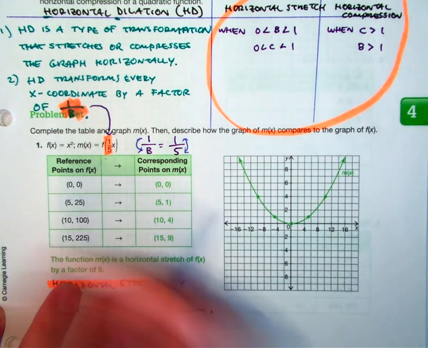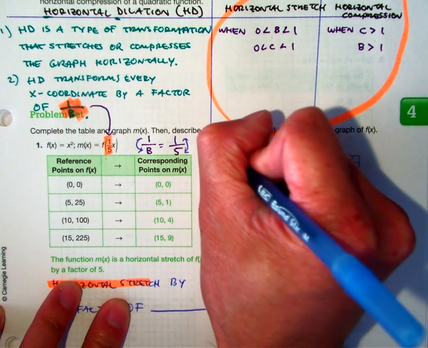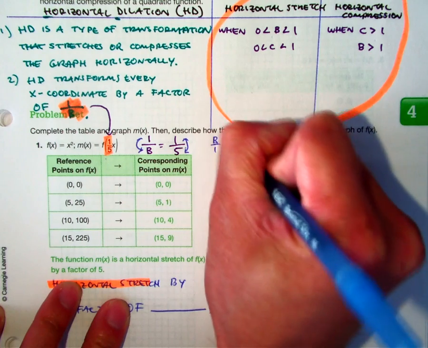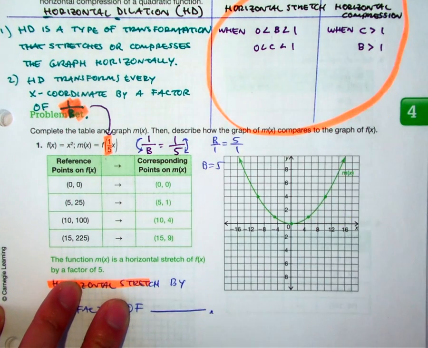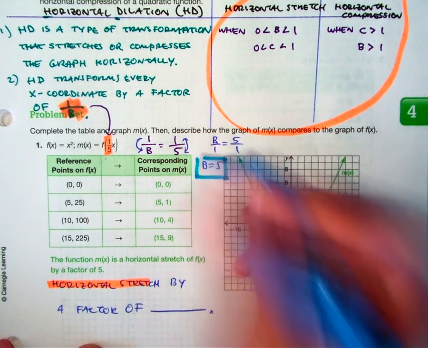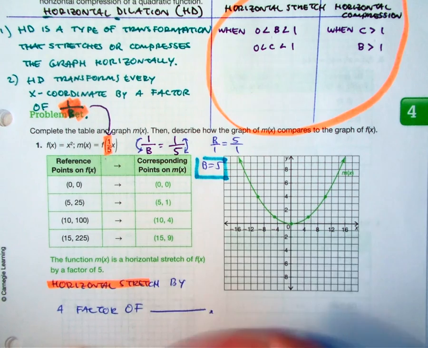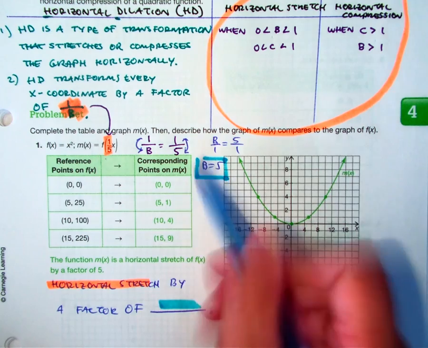If that doesn't make sense, you can also cross multiply. You're just solving for b. So you'll get something like b over 1 equals 5 over 1, or basically b equals 5. Now, whatever you get for your b value, that is your factor. So class will have a horizontal stretch by a factor of 5. Let's put that 5.